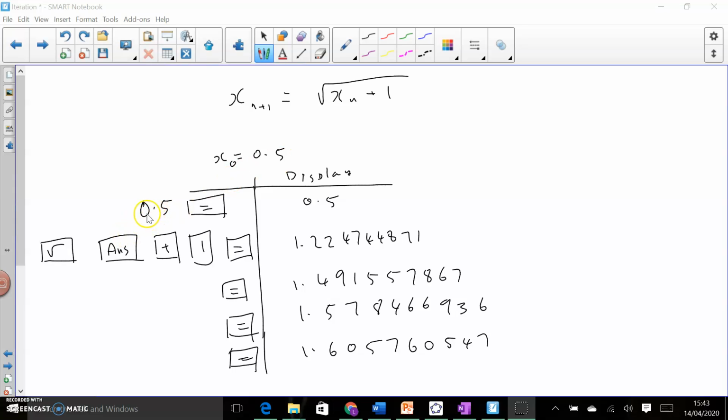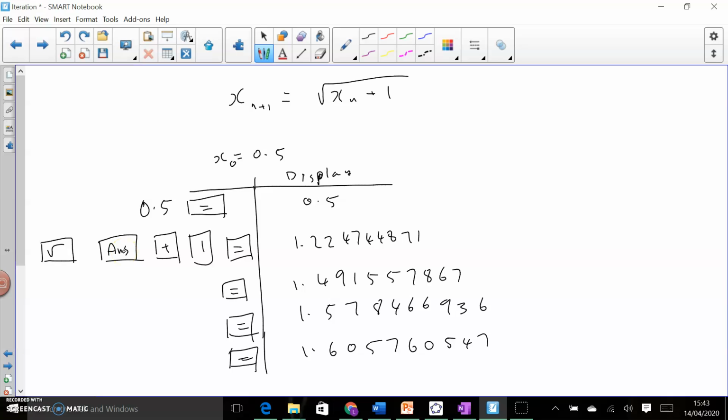So on your calculator, type in 0.5, then equals, and in the display you will get 0.5. You then enter this sequence of buttons: square root, ANS. Now ANS refers to the value in the display.